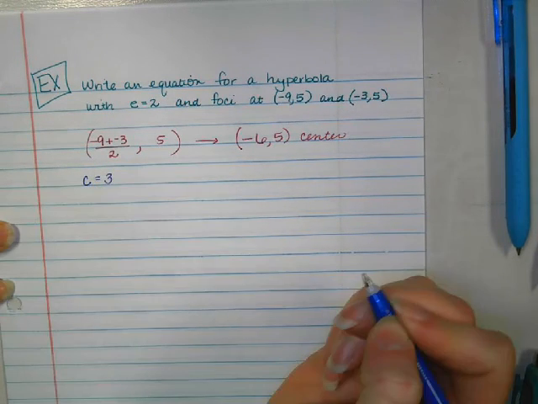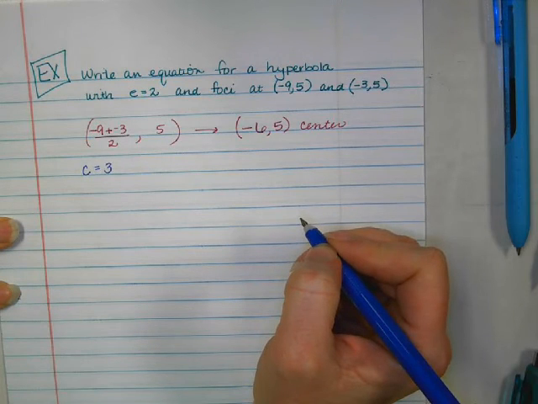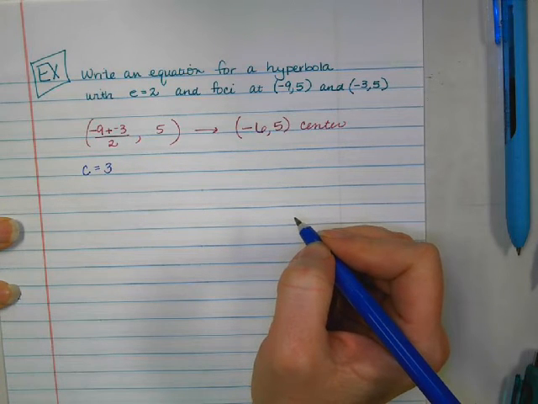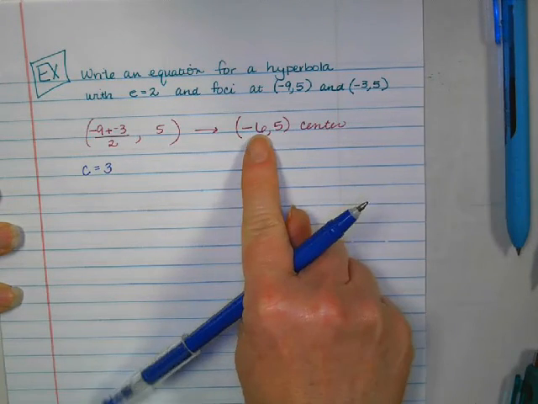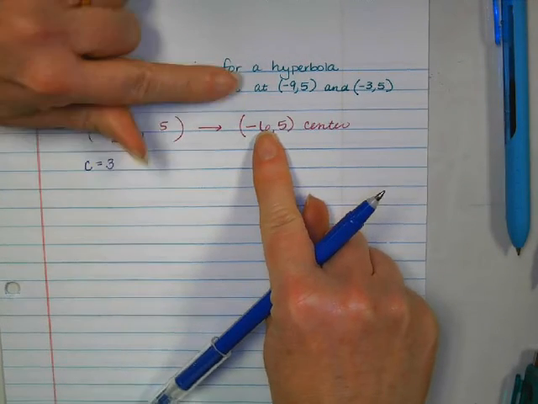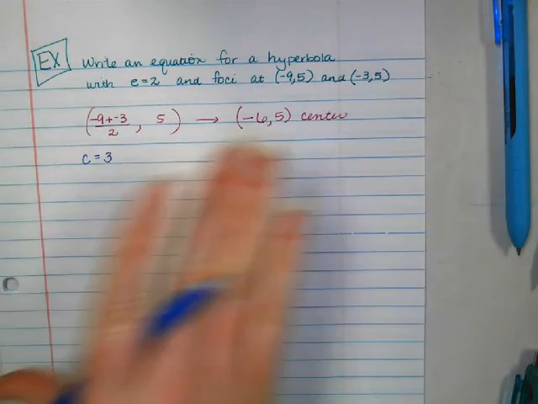And then we can find A. The C value is the distance between a focus and the center. Once we found the center, you can see that it's 3 away from each of the focal points. So that tells me that my C value is 3.